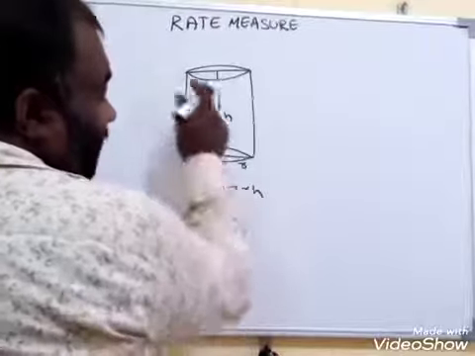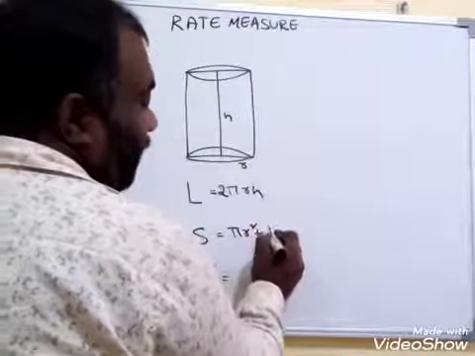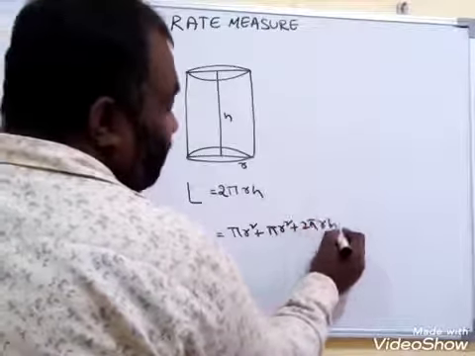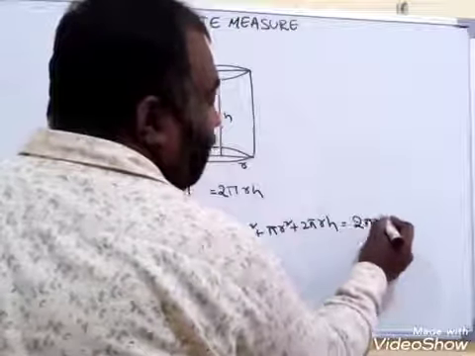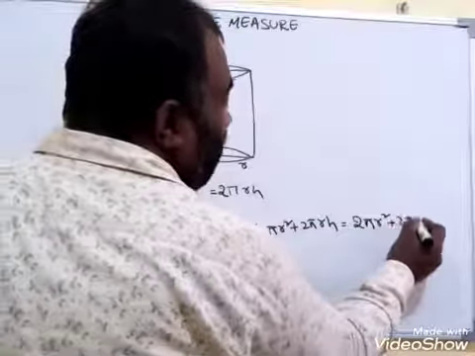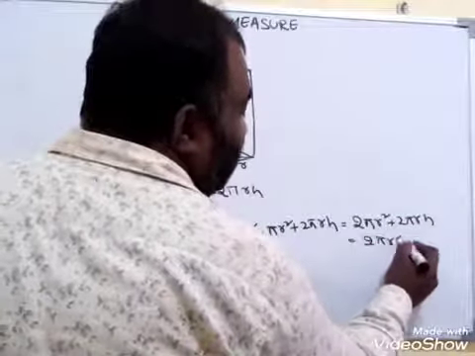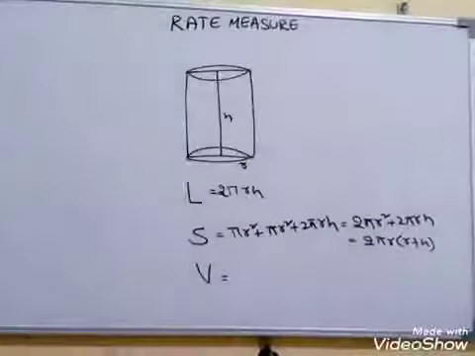Area of the circle is pi r square, plus another circle pi r square, plus 2 pi r h. That is 2 pi r square plus 2 pi r h. Taking 2 pi r common, it is 2 pi r, r plus h. This is the total surface area.